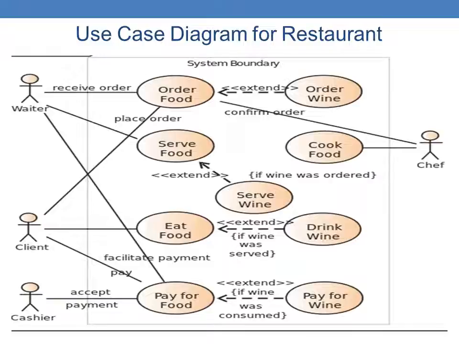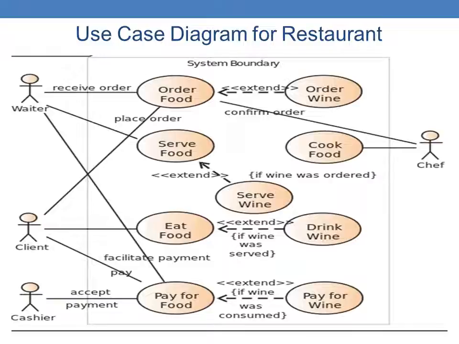If a client enters the restaurant, the client's process is to first order food, next eat food, next pay for the food. That is the client process. And then the waiter is going to receive the order from the client.